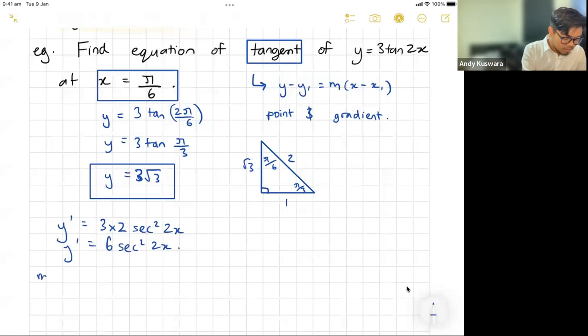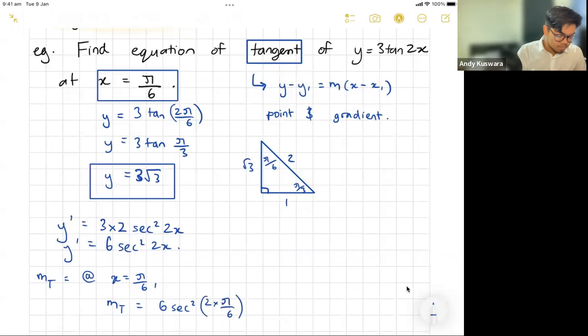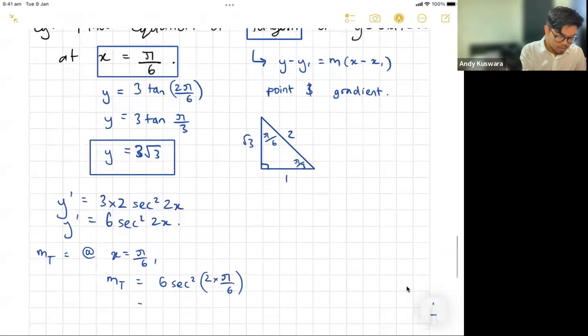Now, to find the gradient of my tangent, I'm basically looking at x equals pi on 6. My gradient of my tangent is going to be 6 sec squared 2 times pi on 6. Okay, now let's clean that up a little bit. That's going to be 6 times sec squared pi on 3.